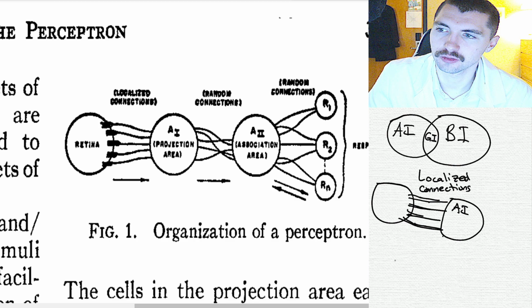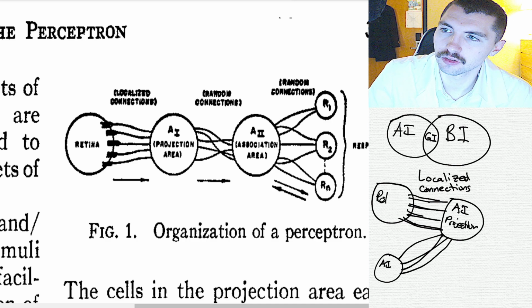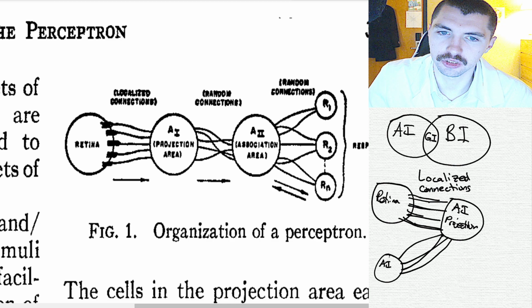It doesn't have to be left to right, I guess. So this is the projection. This is your retina, or this is the retina of a general intelligent machine. This is the projection, this is the association. So this is random.